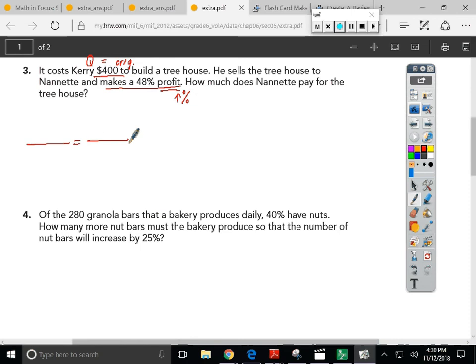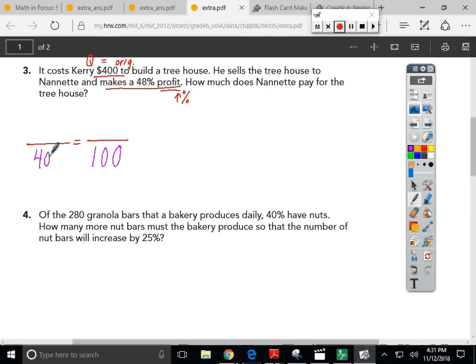So let's go ahead and get our 2 fractions set up. Let's be careful about that. You hopefully remember in percent proportion, there's a number that will always remain the same, and it is the 100 in the second denominator, the second fraction, the lower level. Bam, 100. Well, this 48% is a profit, and I do want to look at that in a second. But I noticed this $400, the original quantity.